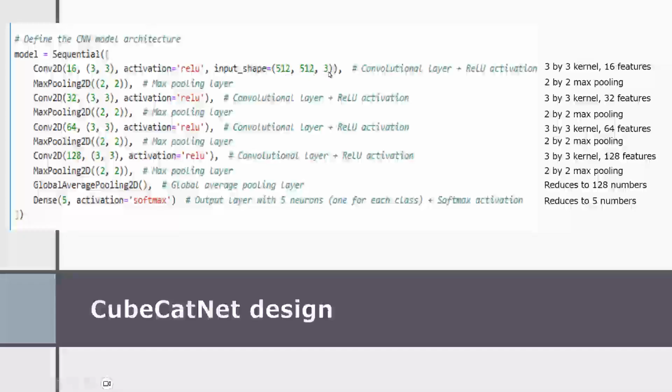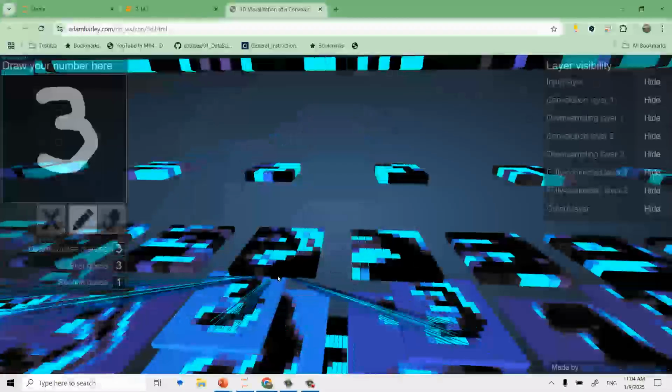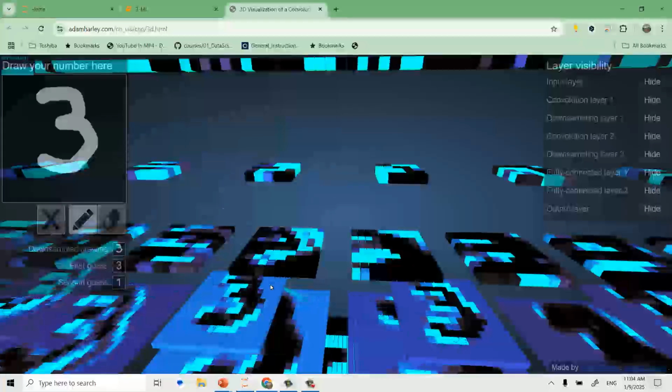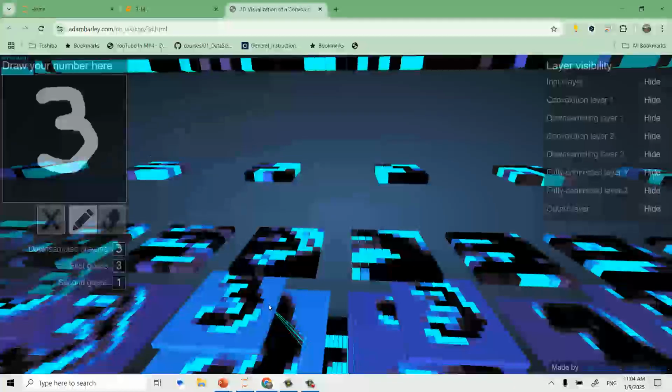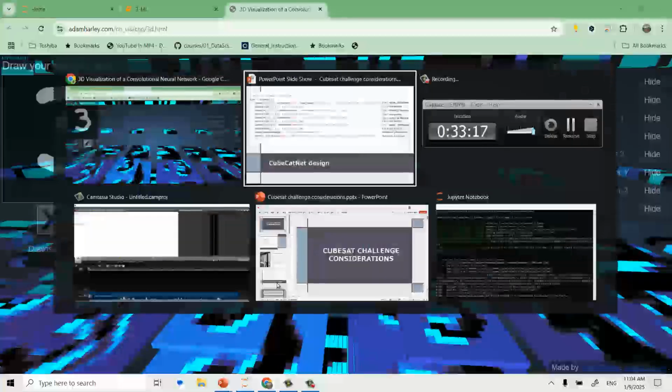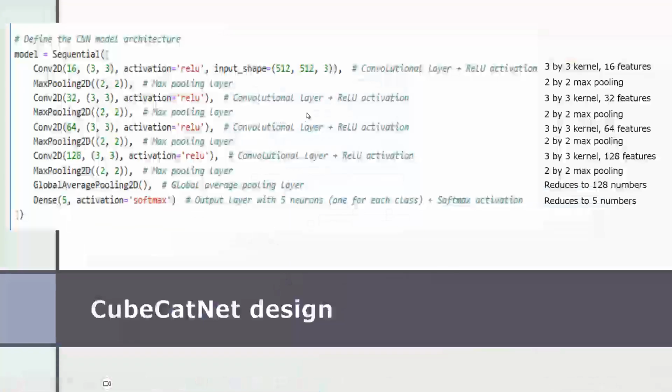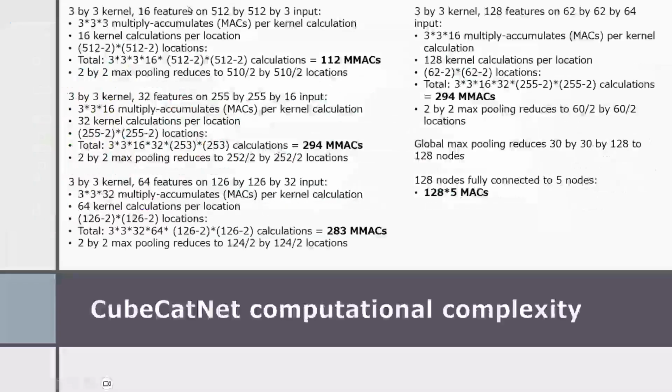So in fact, instead of having just a 3 by 3 as this has here, this is looking at square blocks of the image. In the case of CubeSat, it's looking at 3 by 3 blocks for 3 different channels. So it's not just 3 by 3. In fact, it's 3 by 3 by 3, or 27. So that adds to the computation, right? So you have a 3 by 3 kernel, you have 16 features on a 512 by 512 by 3 input.